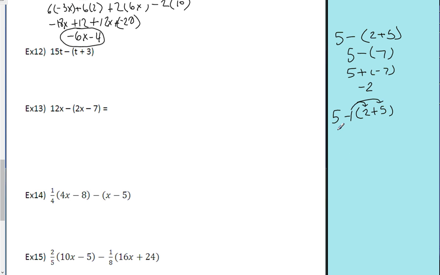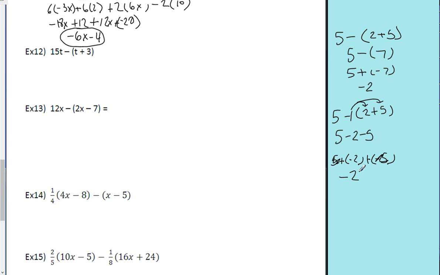So we're going to have 5, negative 1 times 2 is negative 2. Negative 1 times 5 is negative 5. I end up with 5 plus a negative 2 plus a negative 5. And I told you a minute ago I better get negative 2. 5 plus a negative 5, those make 0. And I'm left with negative 2.